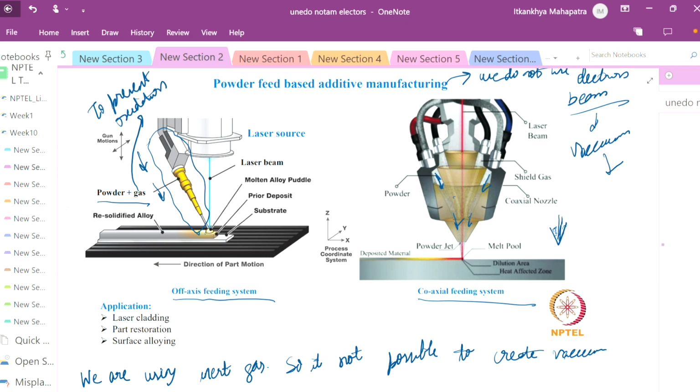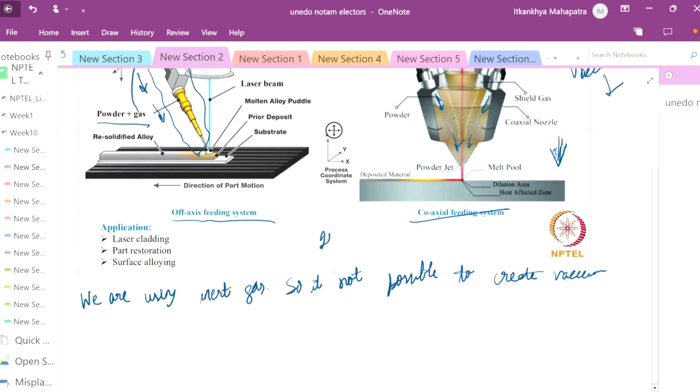So it is easy to control the stability of the molten pool. Why is it so?